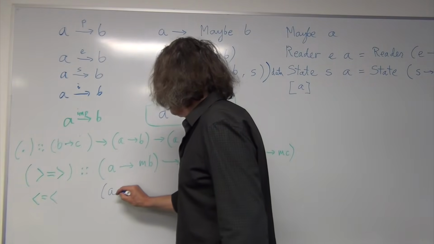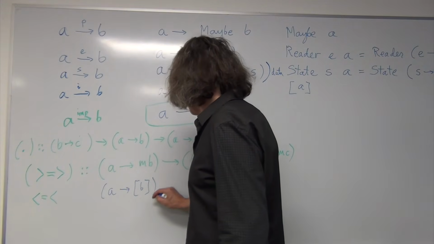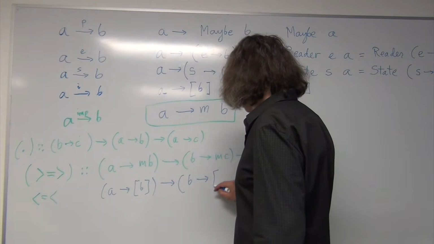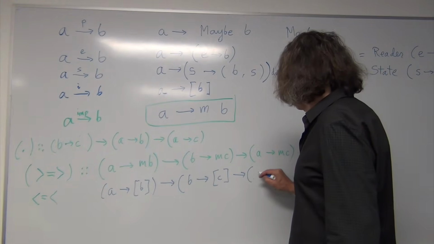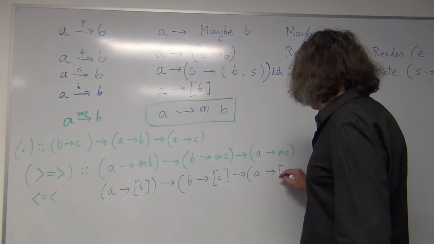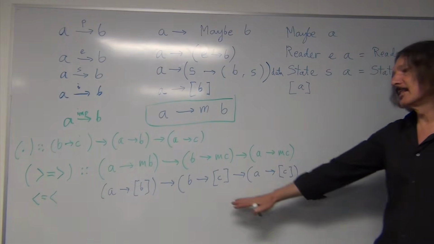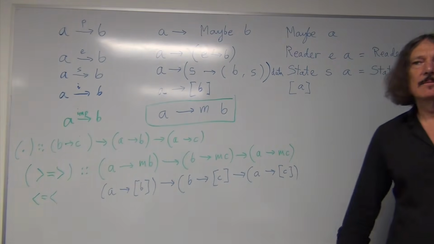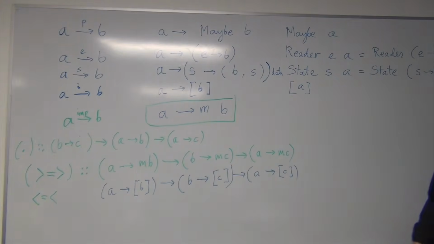So we have a function from A to list of B, and another function that takes B to list of C. And we want to produce a function that takes A and returns a list of C. That's the type signature for it. I just replaced M with a list.